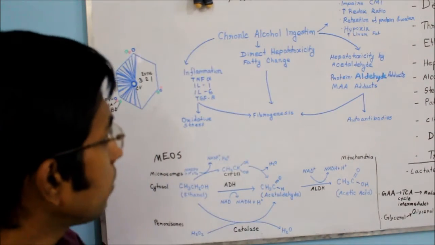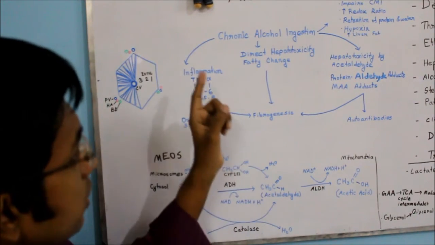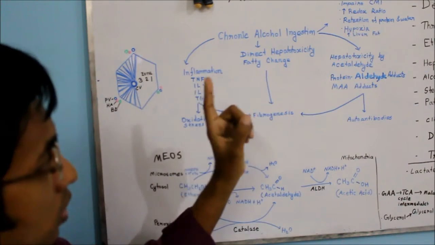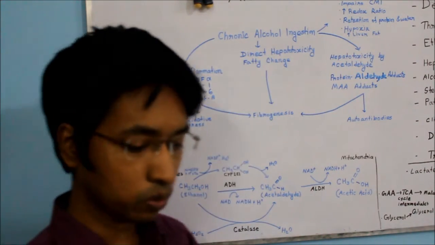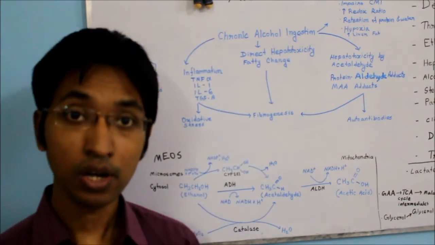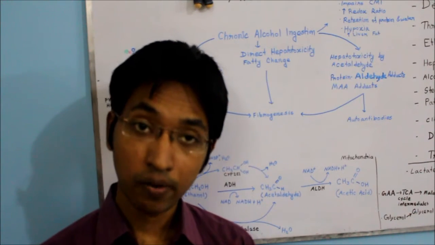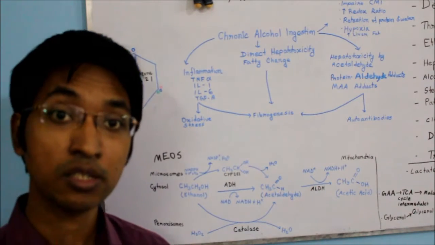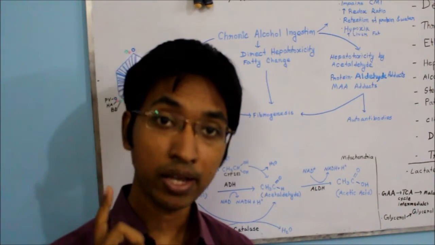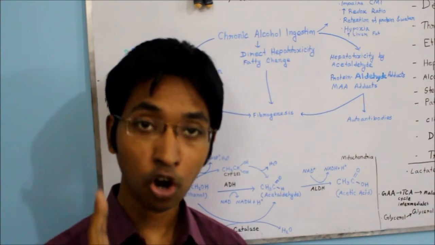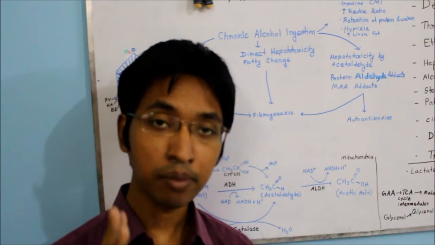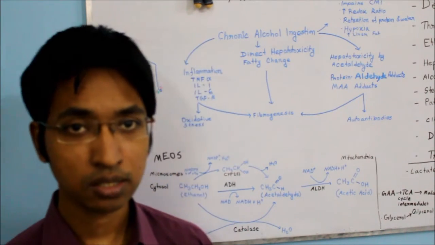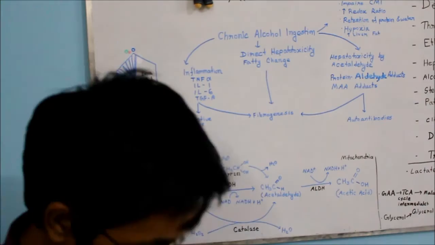One of the mechanisms is the direct hepatotoxic effect of ethanol. Always remember, ethanol can directly damage the liver cells. Ethanol is toxic for the microtubules, mitochondria, and the membranes of the hepatocyte. So that is one mechanism.